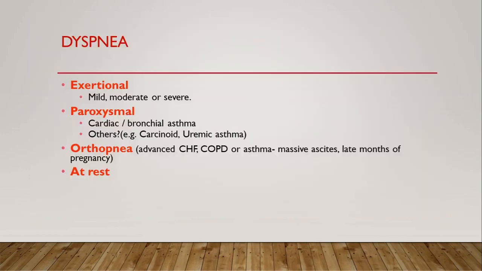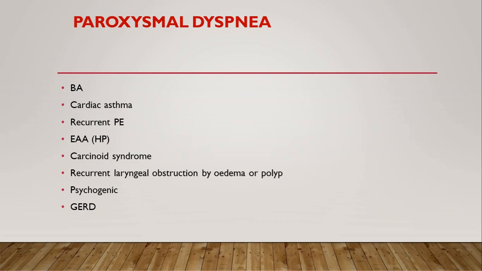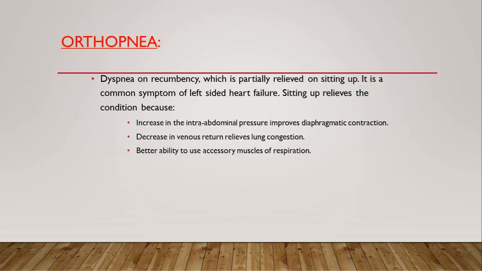So the dyspnea is exertional, paroxysmal, orthopnea, or at rest. Paroxysmal dyspnea occurs in patients with bronchial asthma, cardiac asthma, recurrent bronchiectasis, and gastroesophageal reflux disease; they have paroxysmal attacks of dyspnea.